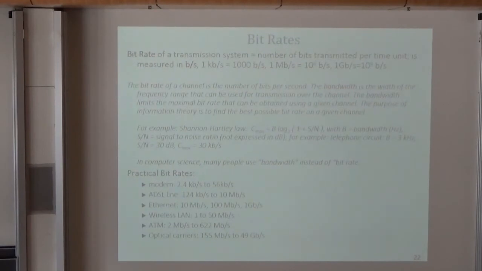Here are the ranges of bit rate that we see today. Most modern equipment is in the megabits per second range, but you find older equipment or more resource-limited equipment that has much lower bit rates. For example, if you're using a satellite phone because you're reporting on the war in the Middle East, and that's the only mechanism you have, you will probably have a few kilobits per second.